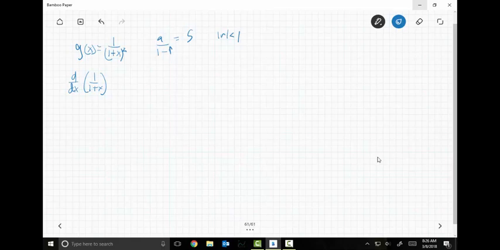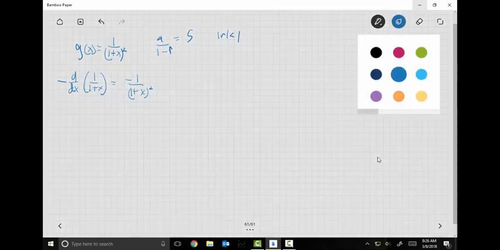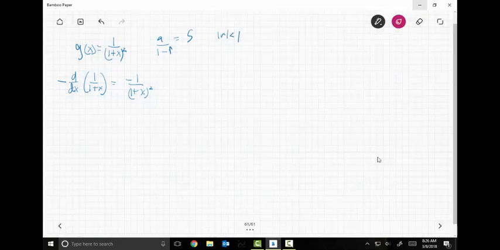I know that the derivative of 1 over 1 plus x is equal to negative 1 over 1 plus x squared. So if I take the negative derivative of this, let me change the color of my pen, and put it in red, that would give me the negative value of this, which would equal 1 over 1 plus x squared, which is pretty cool.